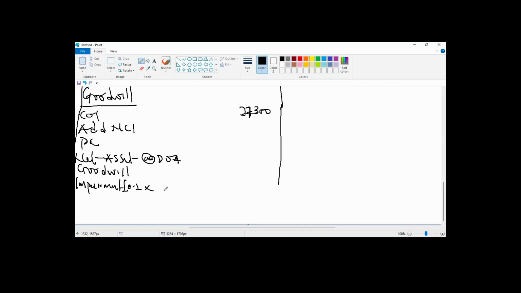Next, the fair value attributed to non-controlling interest is 8, NCI. That's the end of the question.